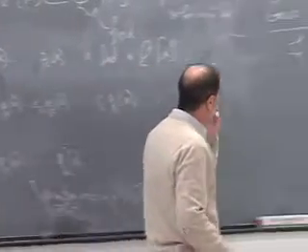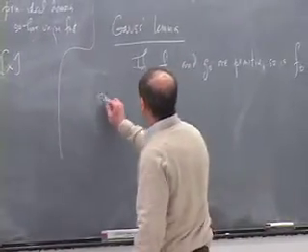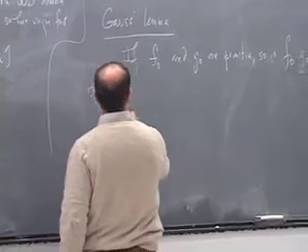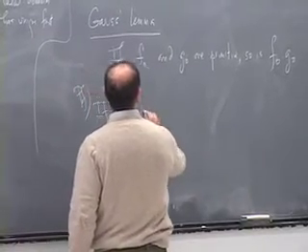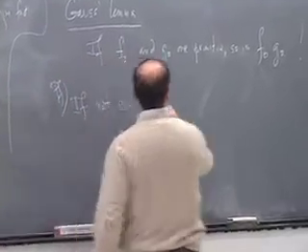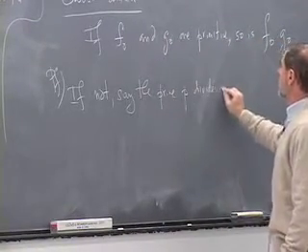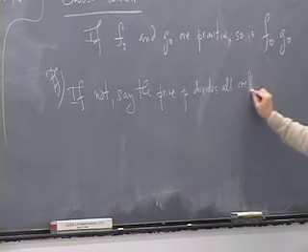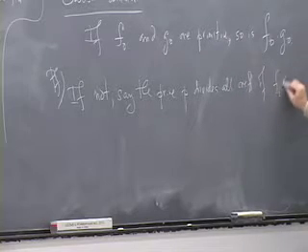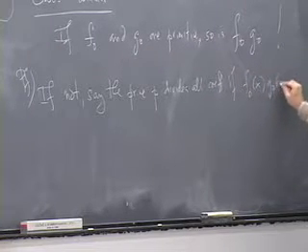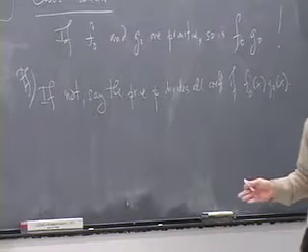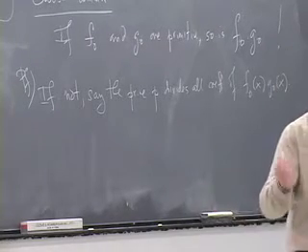Now watch how this goes. This is absolutely wonderful. Proof. If not, say the prime p divides all the coefficients of f0 of x times g0 of x. That's what happens when you don't have a primitive polynomial. The GCD is not 1.